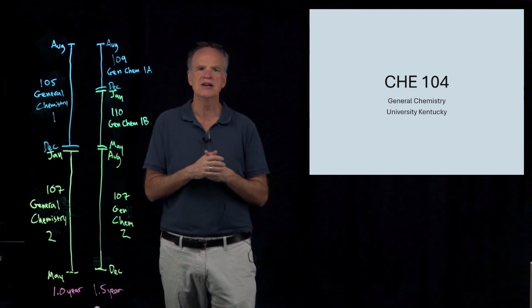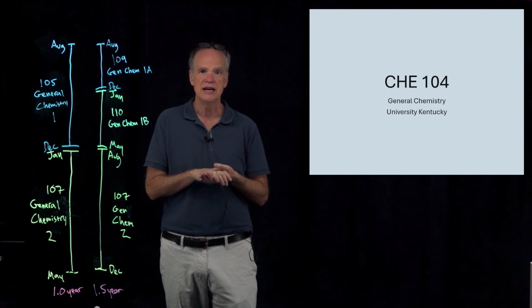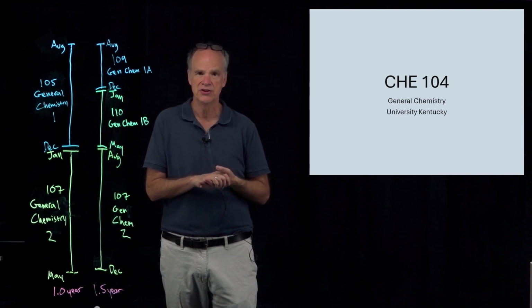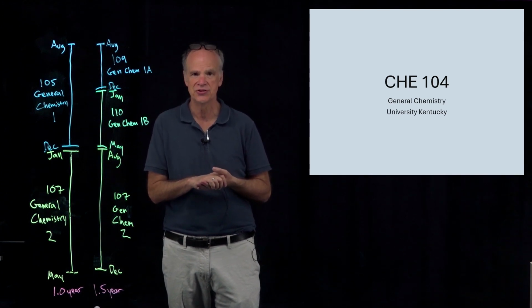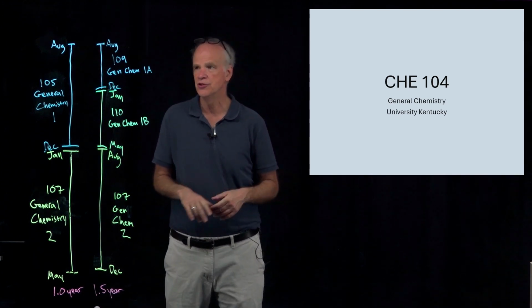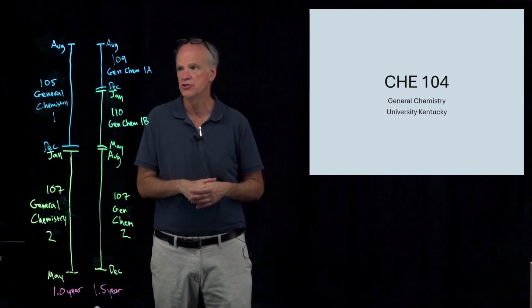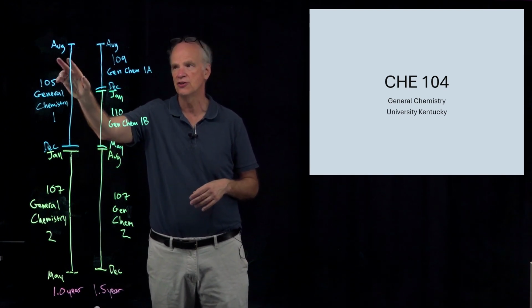So first, let me talk about how Chemistry 104, which is a general chemistry class, aligns with the other general chemistry classes you could take at this university. There's a traditional track of taking general chemistry, which I have here on the far left.